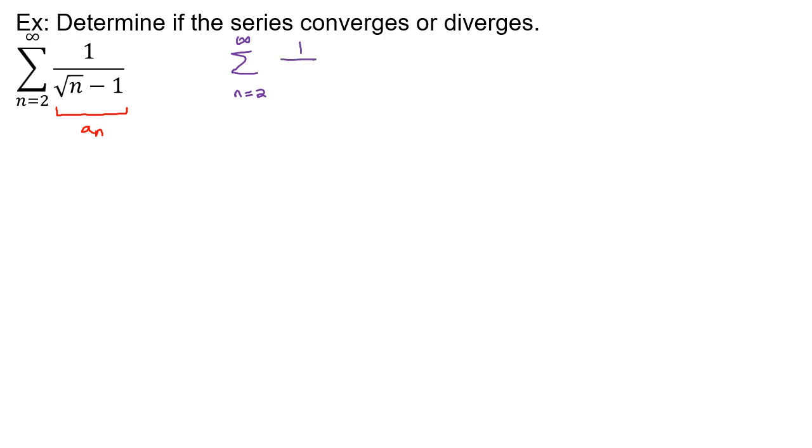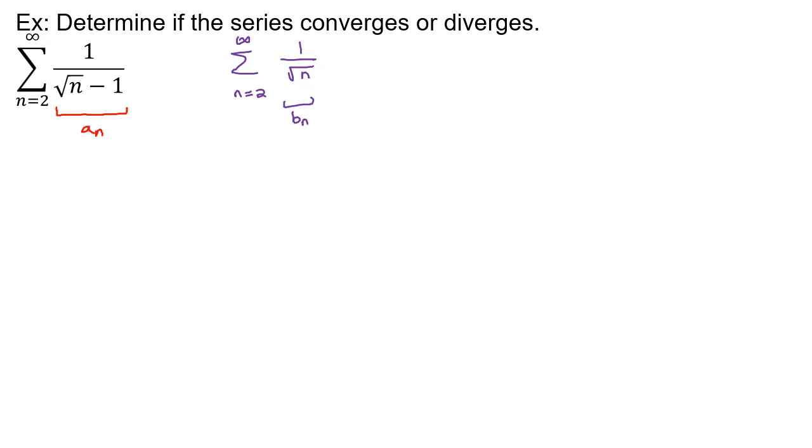And like I said, if you have something added or subtracted in a denominator, the easy thing would be to throw that off. And so I'm just going to do square root of n, and then this will be my b sub n.